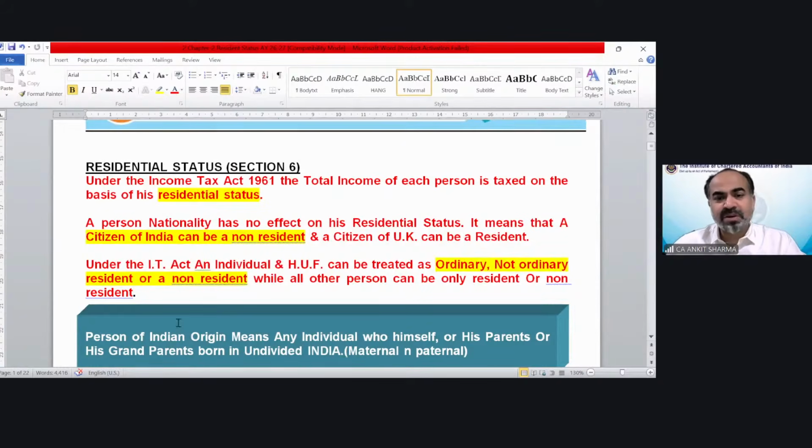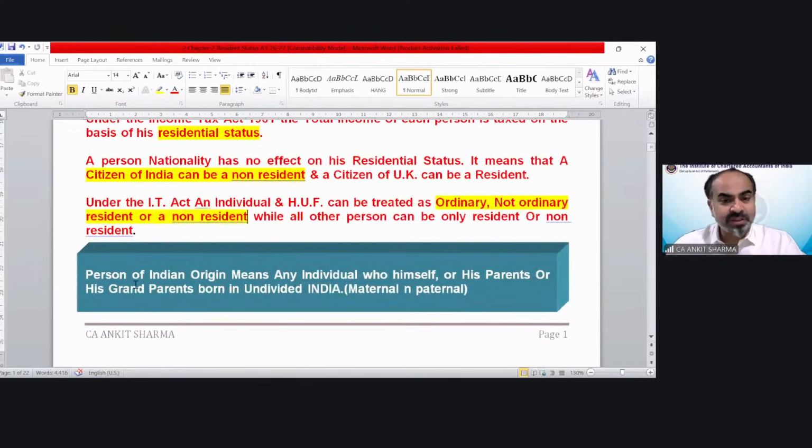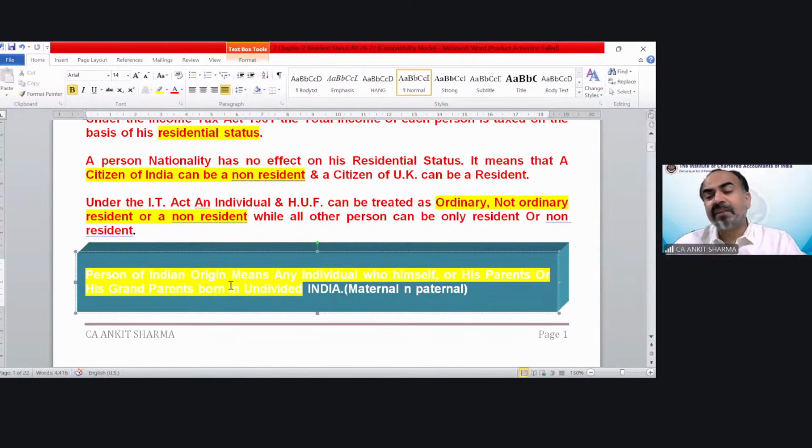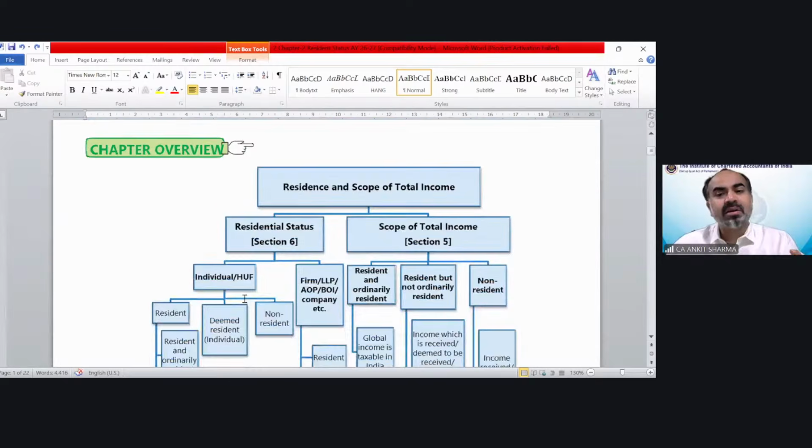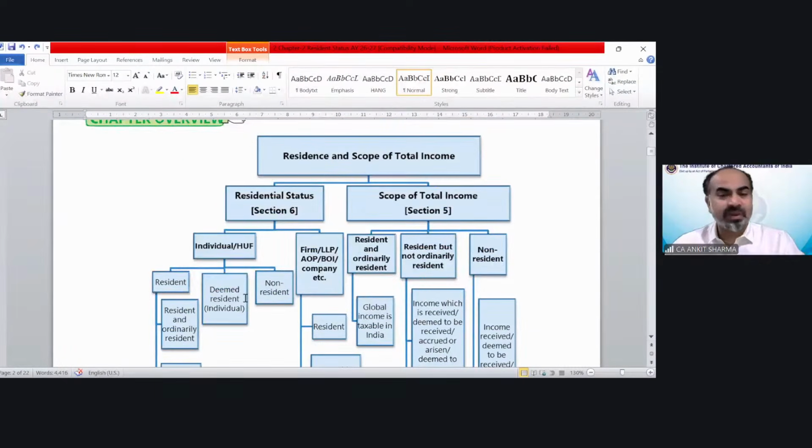The definition of person of Indian origin, you can see, means any individual who himself or his parents or his grandparents were born in undivided India, whether maternal or paternal. So this is the overview of our chapter, residence and scope of total income.